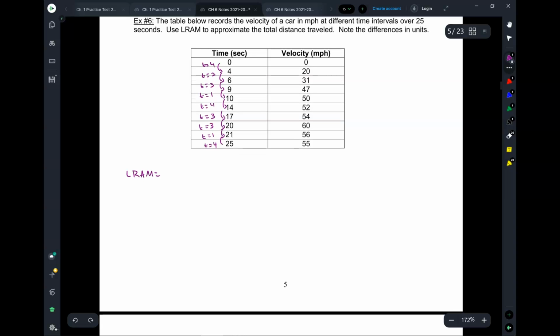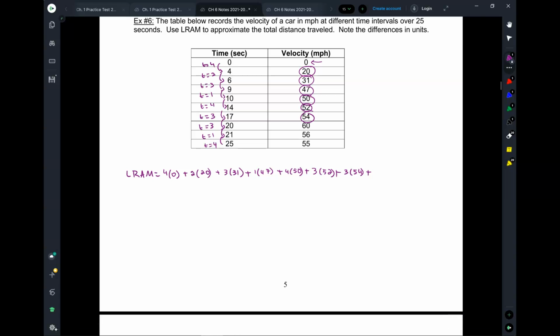All right, so here's what we're going to do. The first rectangle, and we're doing Lram, is 4 times 0 plus 2 times 20, then 3 times 31, 1 times 47, 4 times 50, 3 times 52, another 3 times 54, 1 times 60, and 4 times 56.